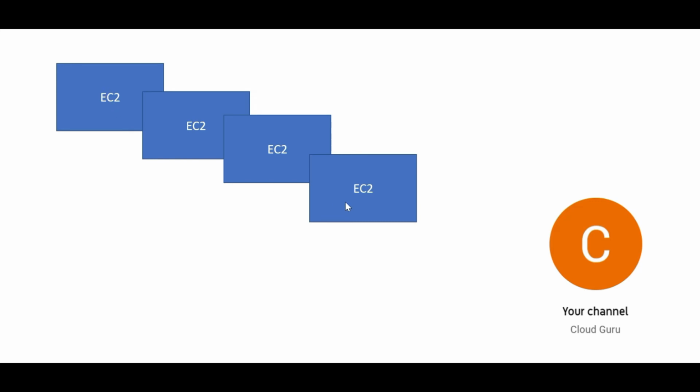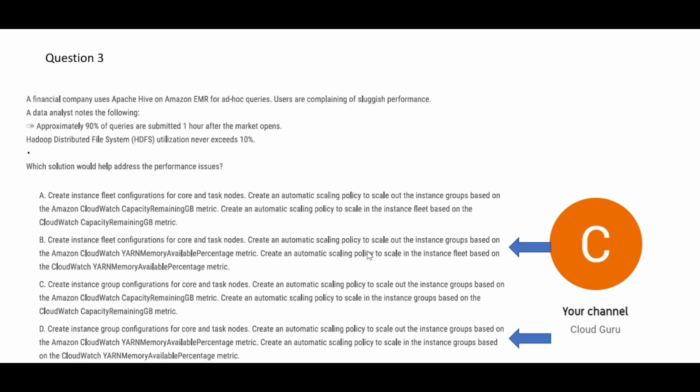When you kickstart, it will wait till all 4 instances have been built, and that is the space within which your load has to operate. That's why we want to go with group configurations, because group configuration supports auto scaling based on a metric. So D looks correct to me.